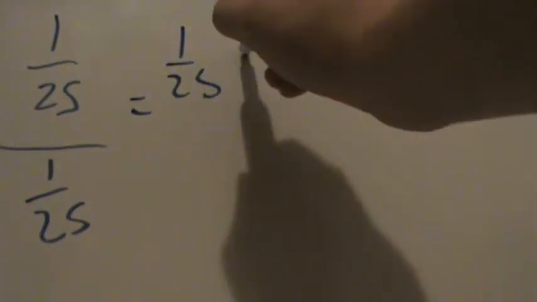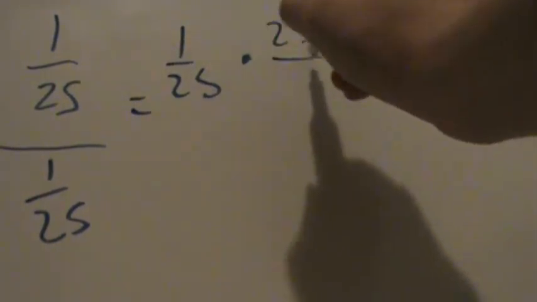Now, let's do other examples here. So let me take something like 1/25, and let's say I divided it by 1 over 25. So what did we say we had to do? So 1 over 25 times 25 over 1.